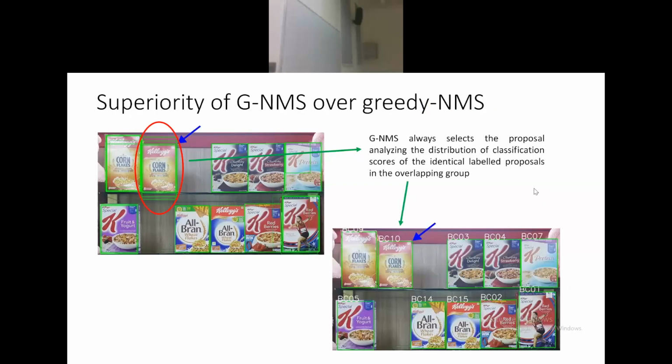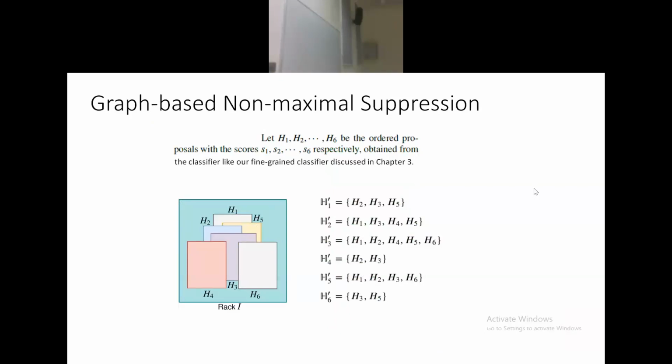So we try to look at some of these benchmarks and identify exactly the product, and this is through our graph-based solution. The graph-based solution actually looks like this. We'll have a series of such possible regions, let's say H1 to H6. Some of them are overlapping, some are not, and some may be completely wrong, but you cannot ignore them at this stage.